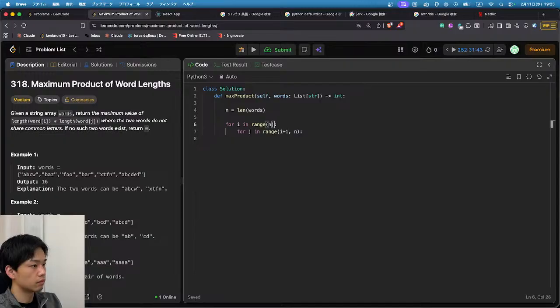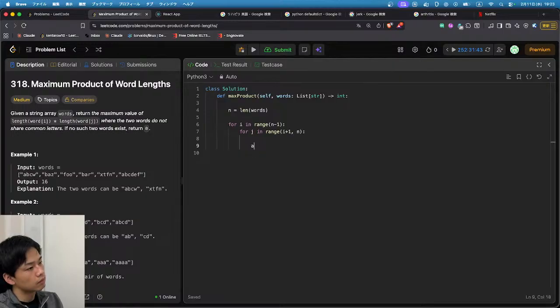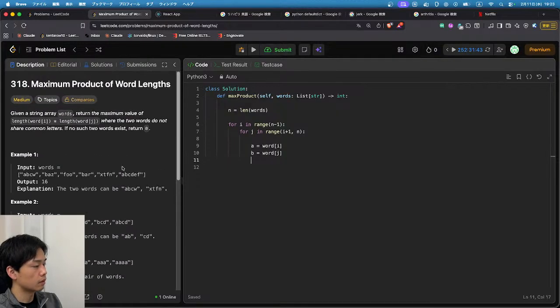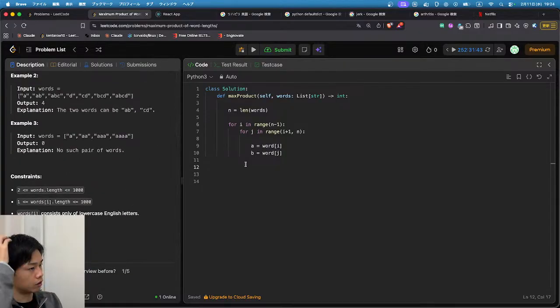I see the problem. We have to check the common letters, so this takes some time. So it's not n squared.